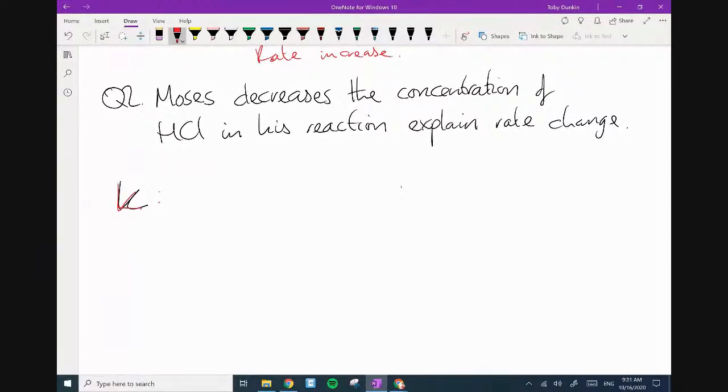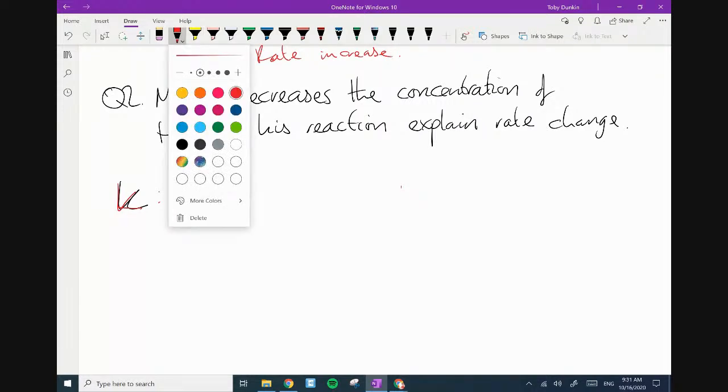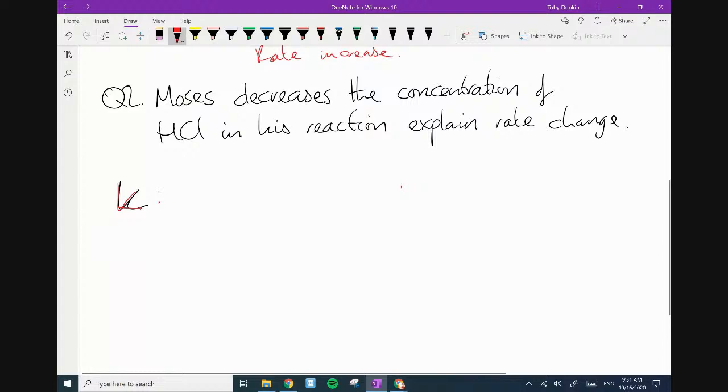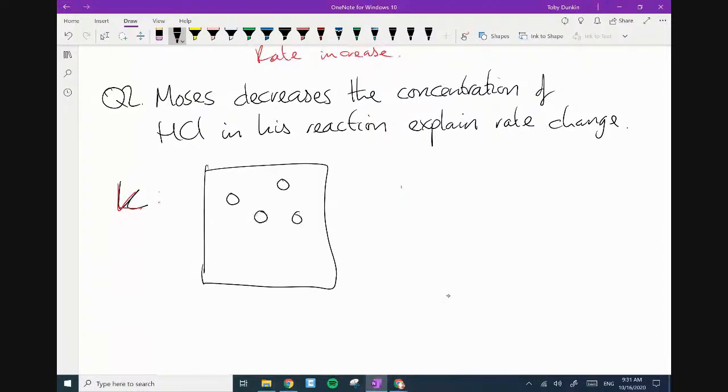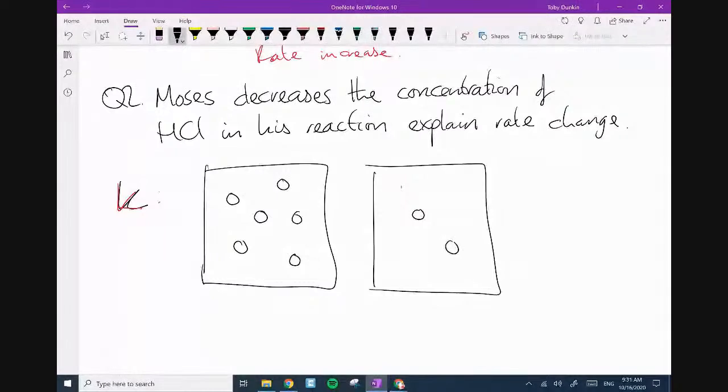So knowledge. Okay. So what have we done? Here's what Moses has done. He had acid of this concentration, 6 moles per dm cubed. He's now decreased the concentration. He now only has 2 moles per dm cubed.